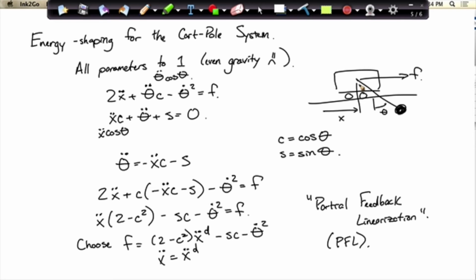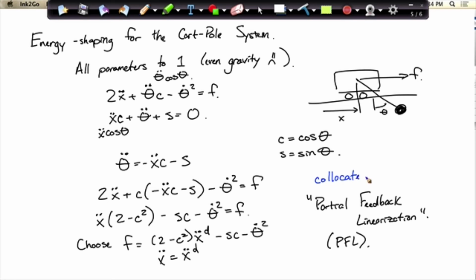I'm just thinking about the contribution of that annoying pendulum hanging off the bottom to the cart, and I'm overriding it, and I can just drive my cart around. Okay? So that's partial feedback linearization. That's a specific idea called co-located partial feedback linearization.